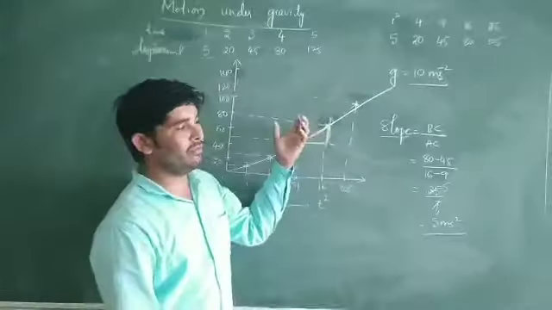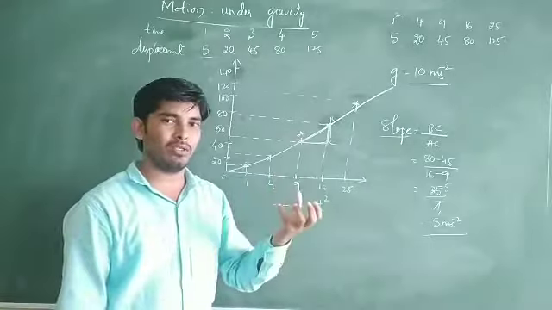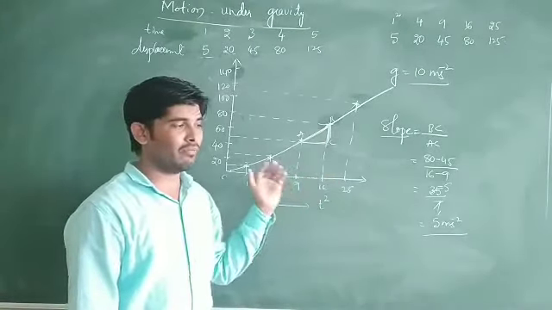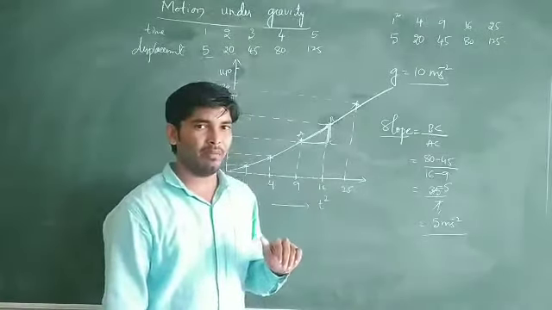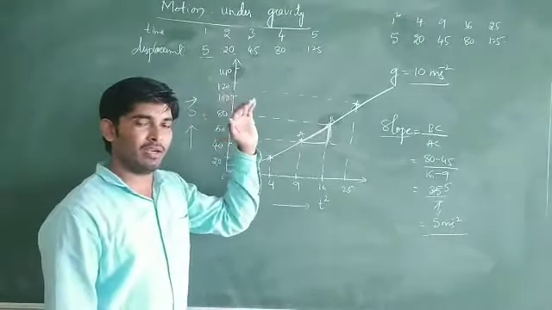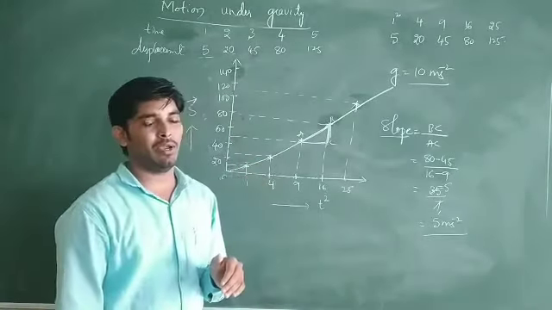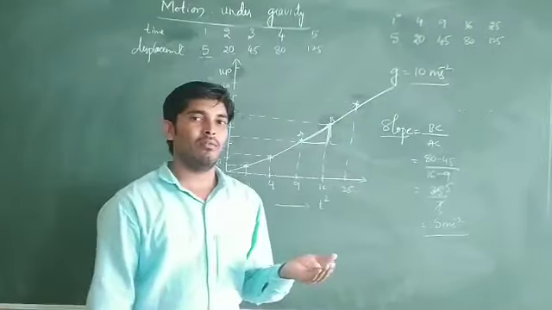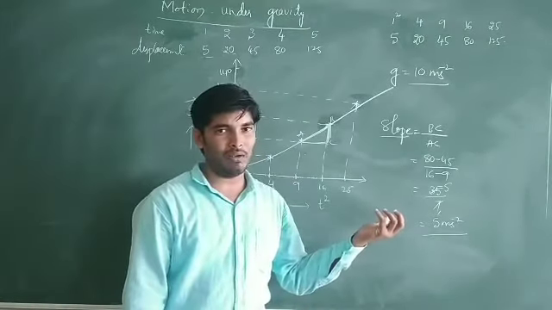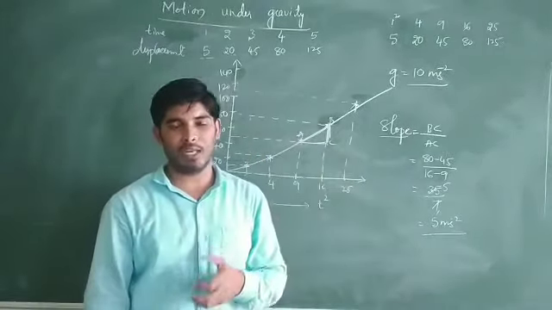For each case, if you want to plot the velocity time graph, we need to find the velocity of an object after a certain interval of time by finding the area enclosed between the acceleration time sketch and the time axis. From that we will get the velocity, and from the velocity values we can plot the velocity time graph.